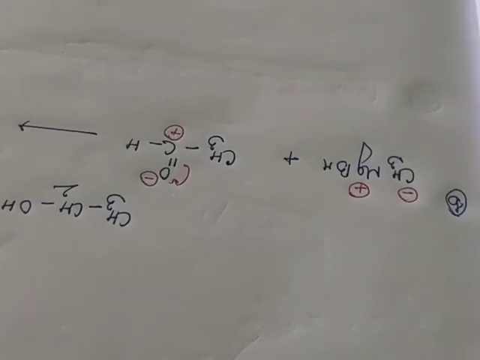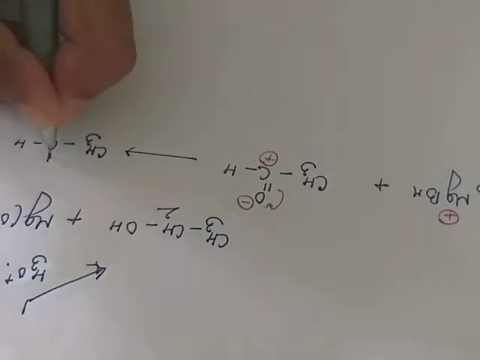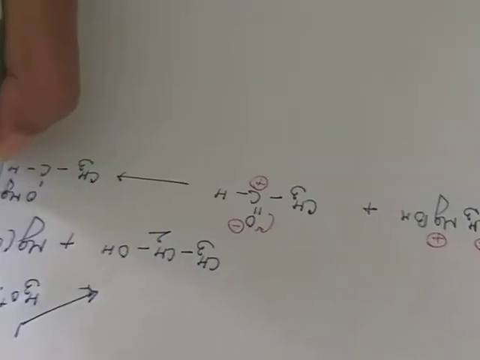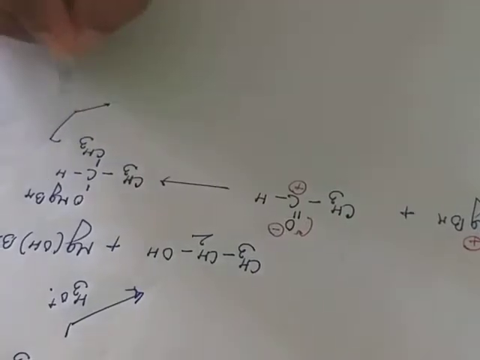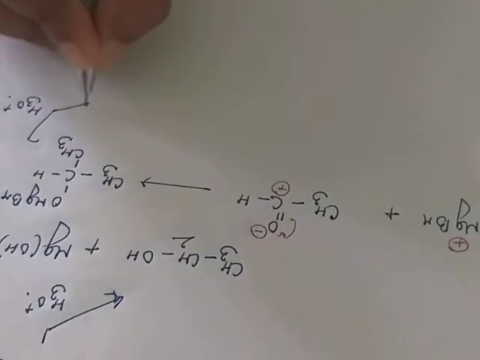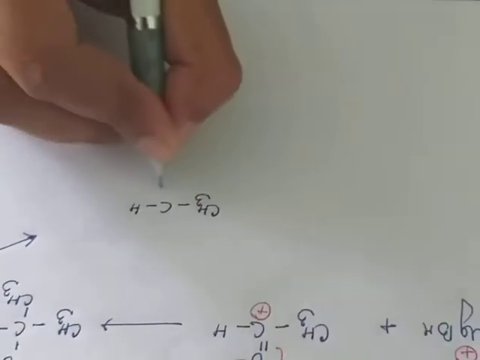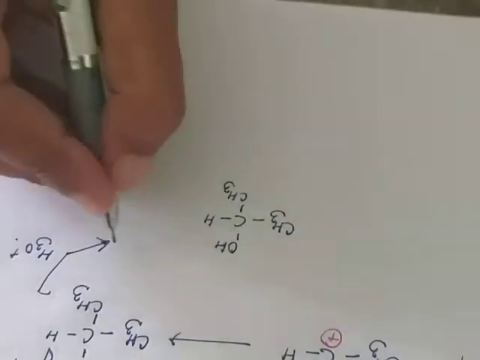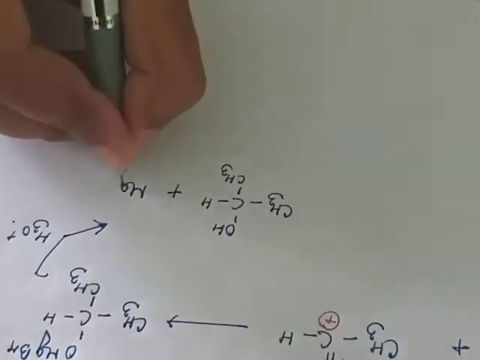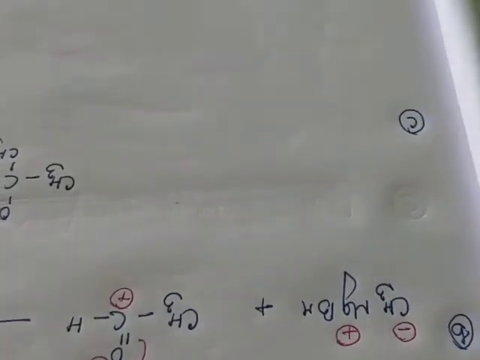So it would be CH3CH, this part will have OMgBr and this will be CH3. Subsequent hydrolysis will produce CH3CH(OH)CH3, that is isopropyl alcohol or 2-propanol, with Mg(OH)Br. That's how secondary alcohol is being synthesized.